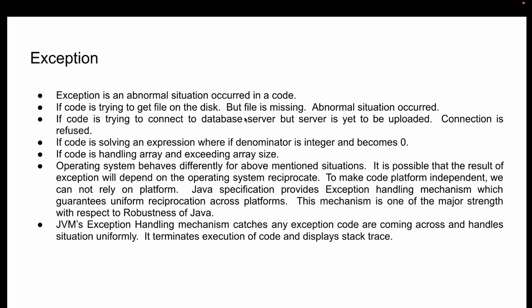So see, if code is handling an array and exceeding the array size, so we have seen how we can declare an array, right? So suppose you declared an array of size 10, and what you are trying to get is you are trying to access the array index 15. You are trying to get the value at index 15 of the array, but you know that the size of the array that you have declared is already 10.